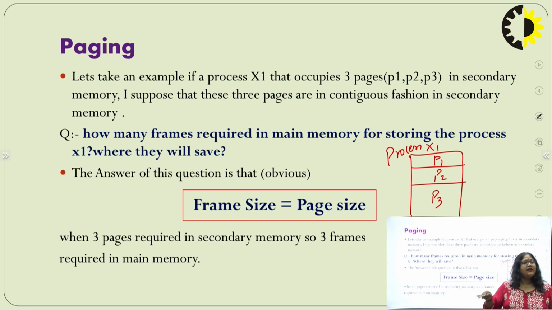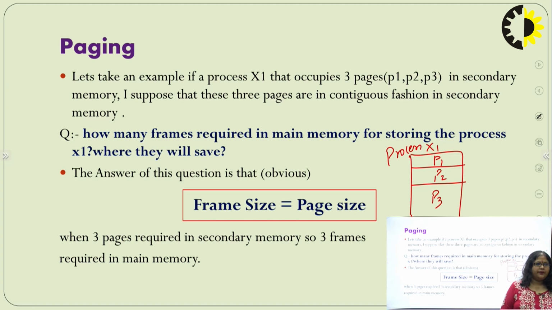I suppose that these pages are in contiguous fashion in the secondary memory. Contiguous means one by one: p1, p2, p3, not in a scattered fashion. So, find out how many frames are required in main memory for storing the process x1, and where they will be saved.